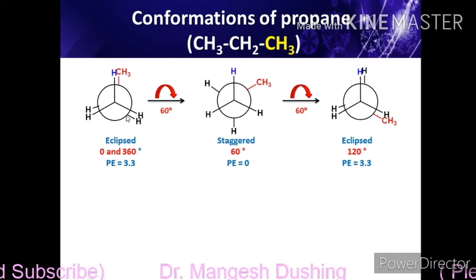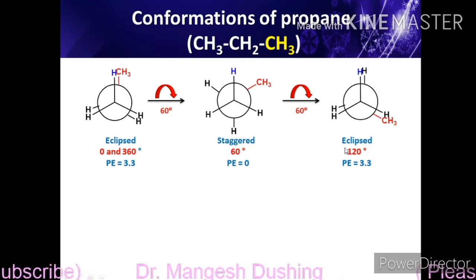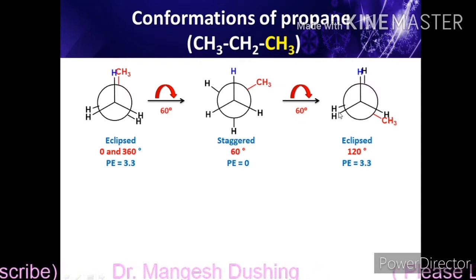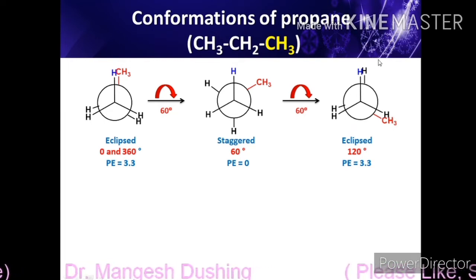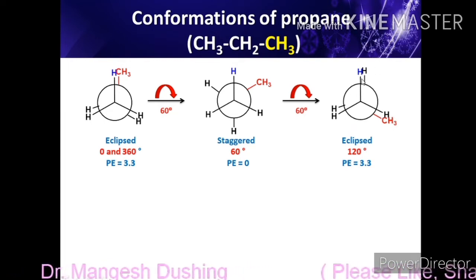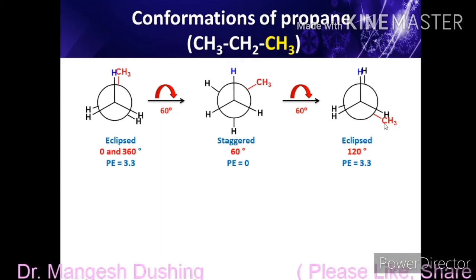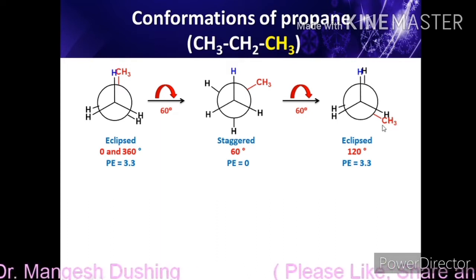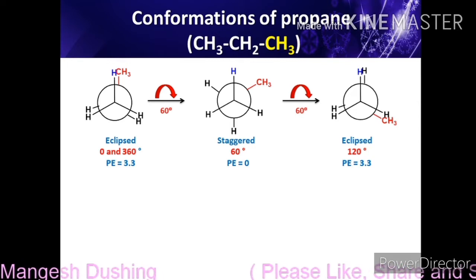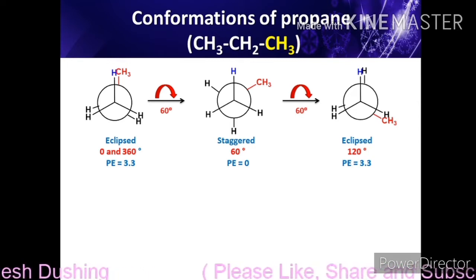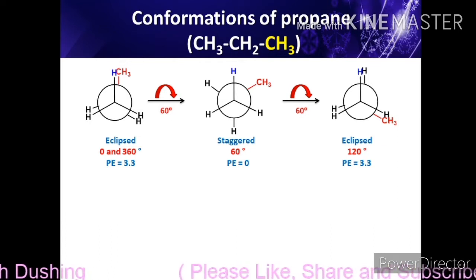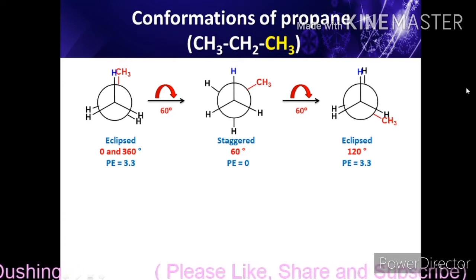But this is the same as this eclipsed structure. Potential energy again is the same. Hydrogen eclipsed, torsional strain is 1 kilocalorie per mole. Hydrogen eclipsed, 1 kilocalorie per mole. If hydrogen and methyl group are eclipsed, it's slightly higher, that is 1.3 kilocalorie per mole. So total energy of the molecule will be 3.3 kilocalorie per mole.